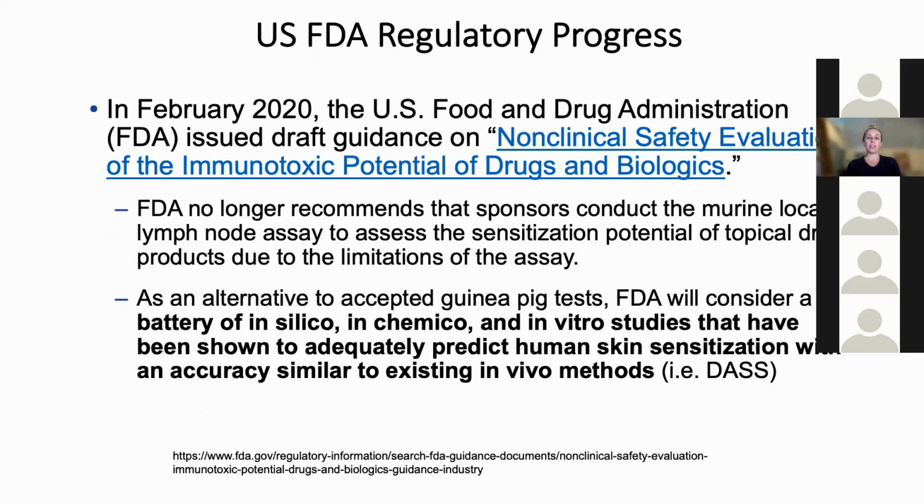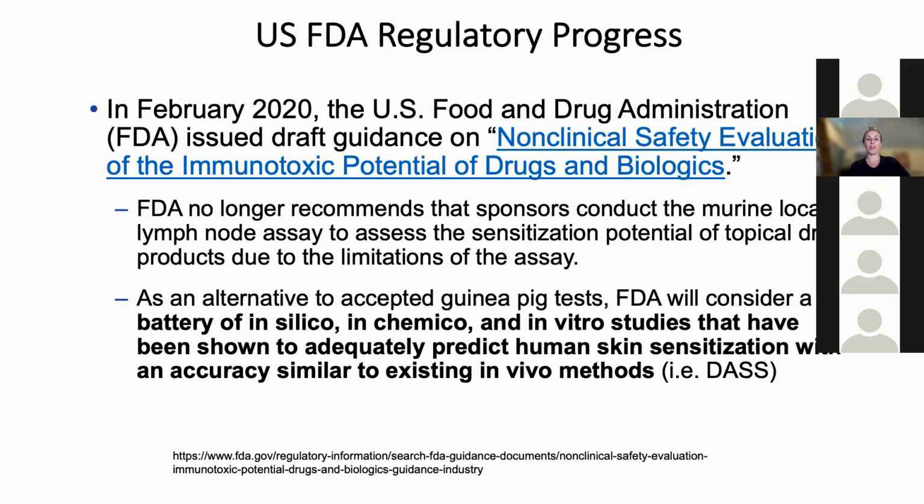So in the last minute or two, I'm just going to talk you through a couple of pieces of progress from the US regulatory side that my colleagues on the panel can expand upon further. As far as the US FDA is concerned, last year they issued draft guidance on non-clinical safety evaluation of the immunotoxic potential of drugs and biologics.